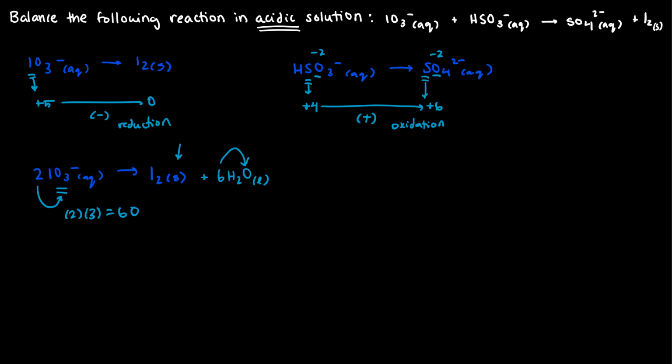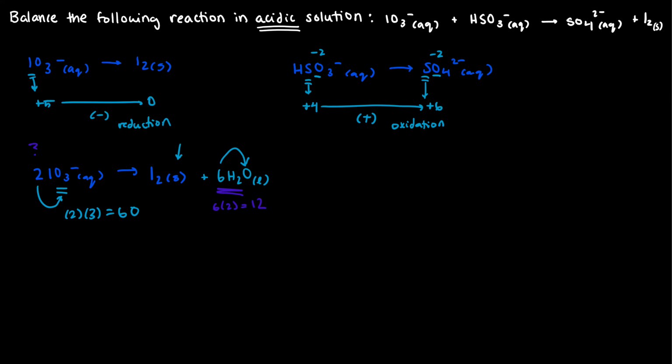And we need to add hydrogen protons to balance out the hydrogen. Since we've just added these water molecules, now we have the problem of these hydrogens being here on the right side, but not on the left side. So we have 6 times 2 equals 12 hydrogen atoms on the right side of the equation.